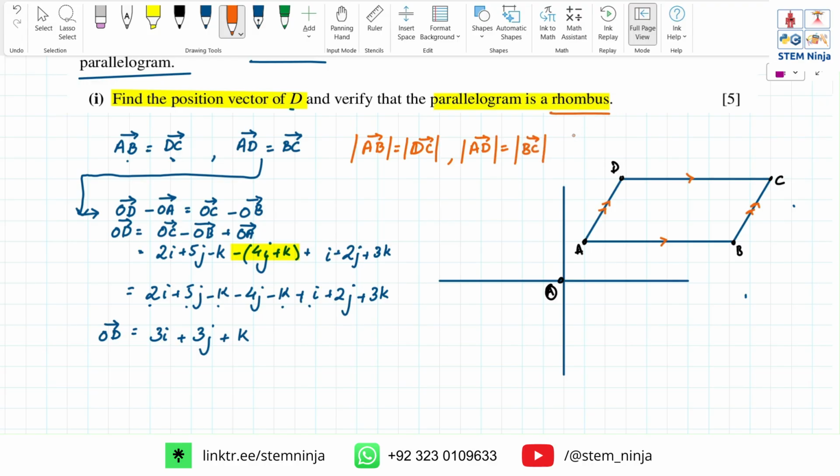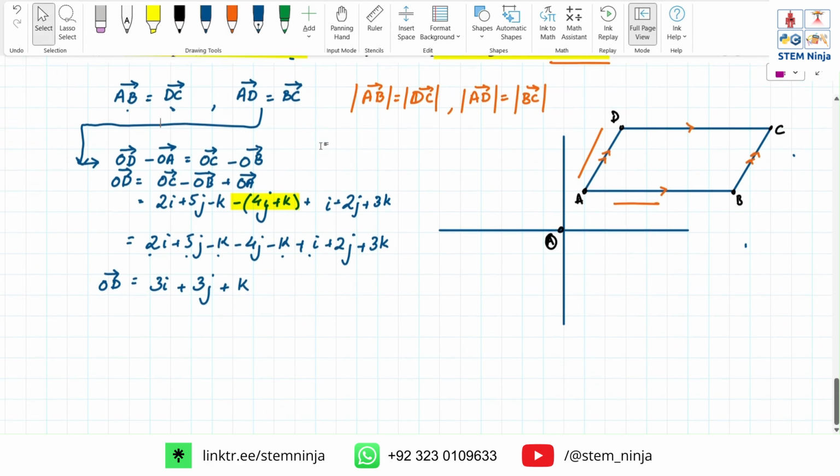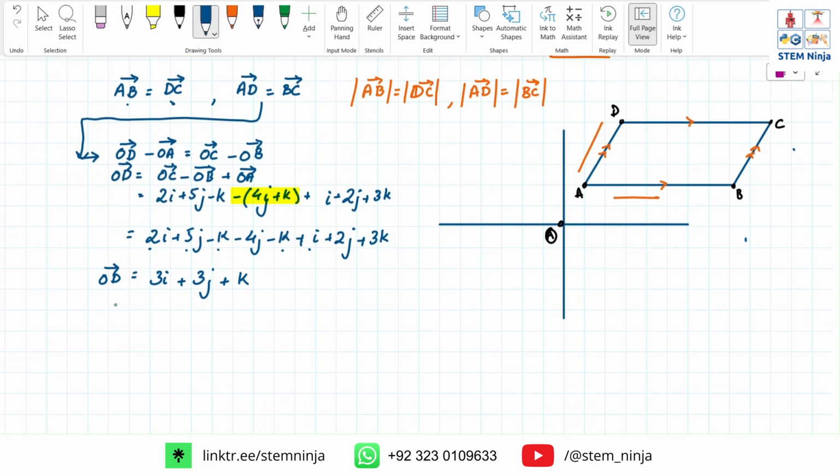However, for this parallelogram ABCD to be a rhombus, we just need one additional condition, that adjacent lengths are equal, so all sides have equal length.